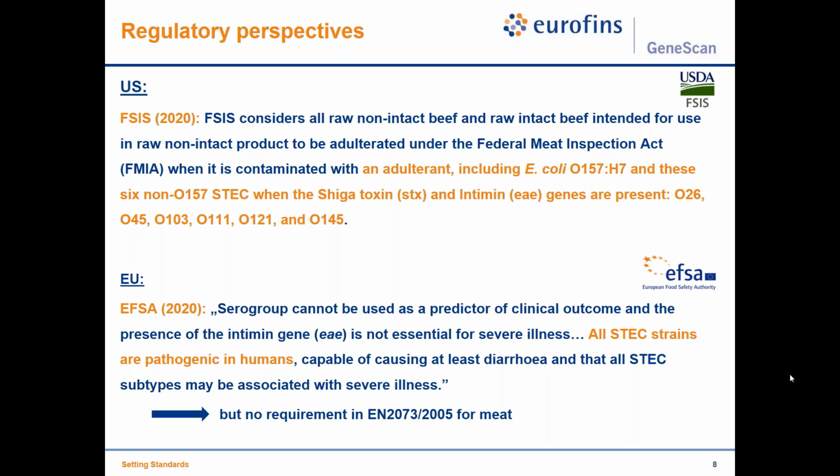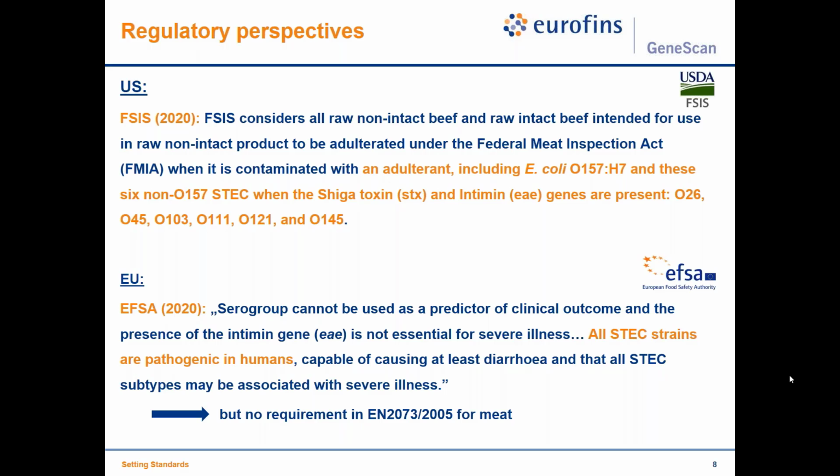If we look into the definition of the EU, it's basically stating, well, the serogroups are not relevant at all, and presence of the eae gene is not relevant as well for a severe illness. This has been shown especially in Germany in an outbreak in 2011. I think this is something that has defined this statement from the EFSA very much, where an O104 outbreak led to dozens of deaths in Germany and in other countries in Europe.